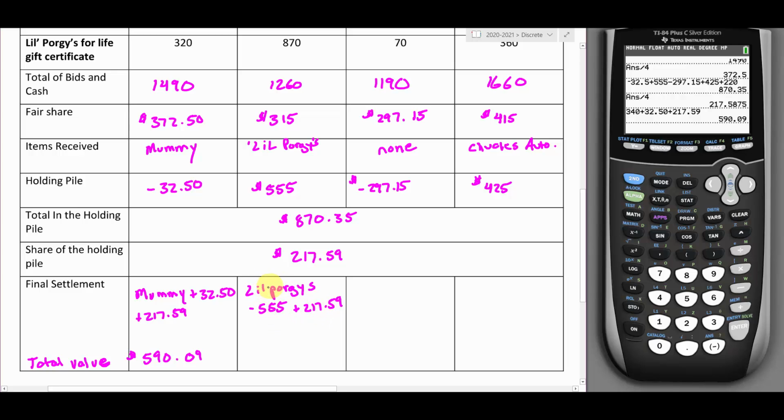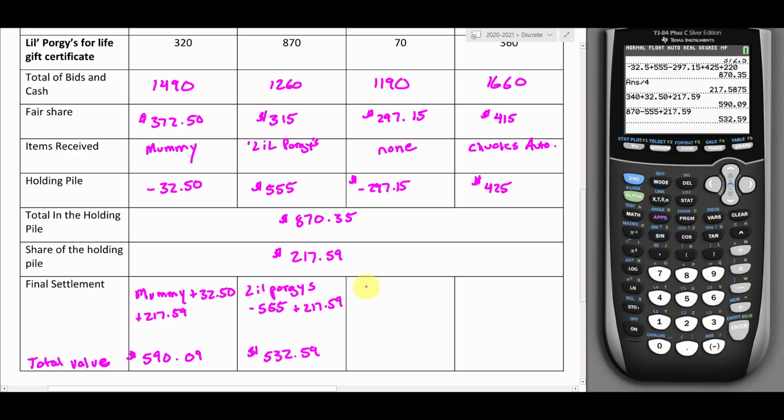Remember, little porgies was worth $870, so I'm going to go $870 minus $555 plus the $217.59. So total value here is $532.59. And that is way more than Stock's fair share, so Stock is also going to walk away from this happy.